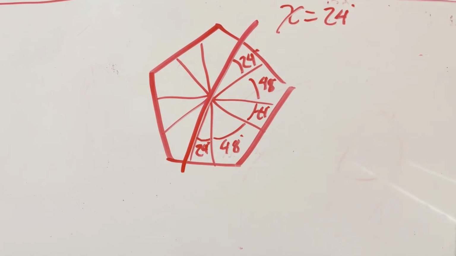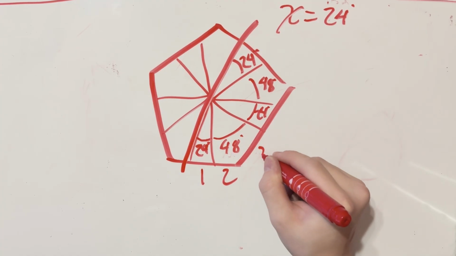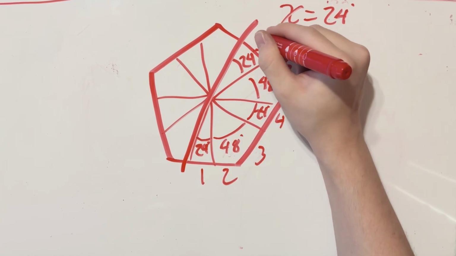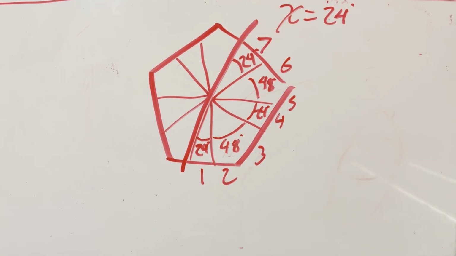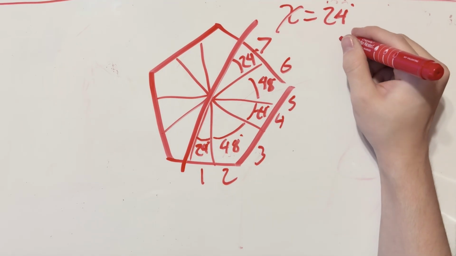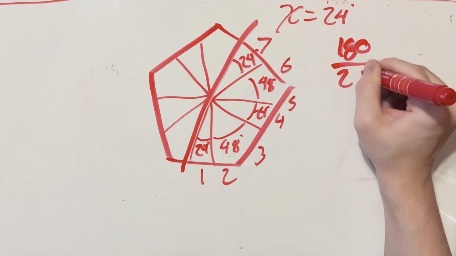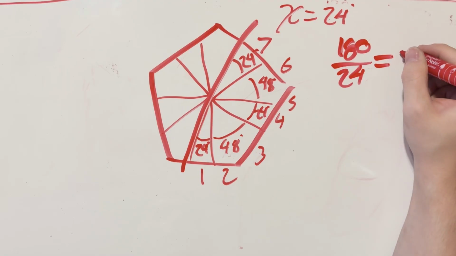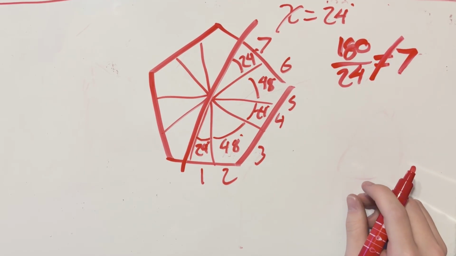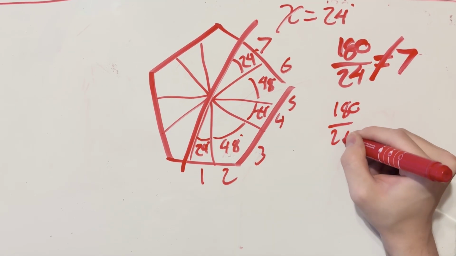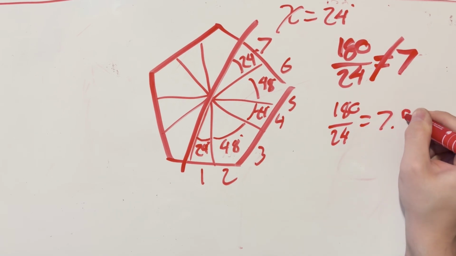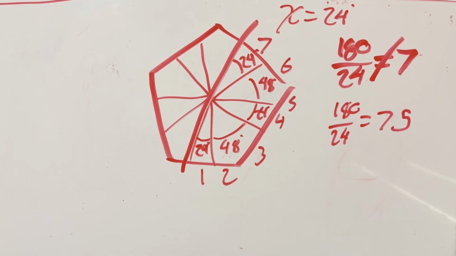This looks like a slice, but let's count. 1, 2, 3, 4, 5, 6, 7. But that's interesting because 180 divided by 24 is not 7. 180 divided by 24 is 7.5, meaning this isn't our slice.